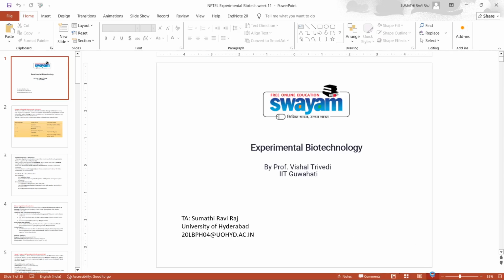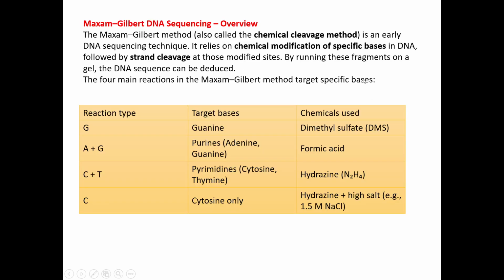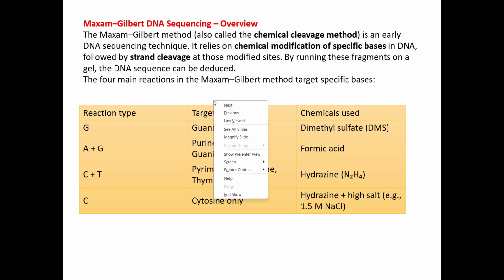So let's start. We have many DNA sequencing methods this week. One of them is the Maxam-Gilbert DNA sequencing method. This is a short overview of it. The Maxam-Gilbert method, also called the chemical cleavage method, is an early DNA sequencing technique.